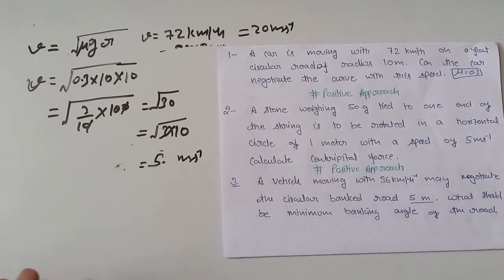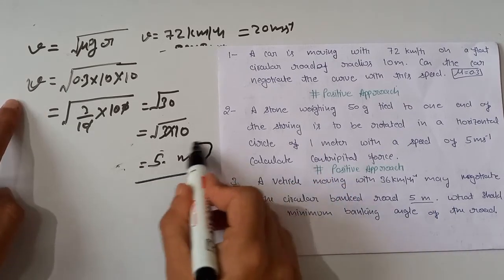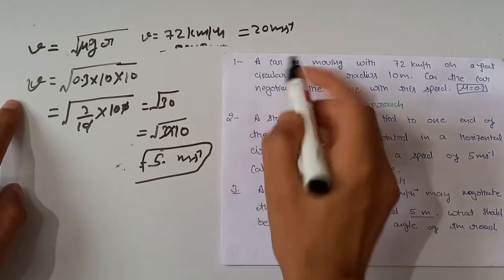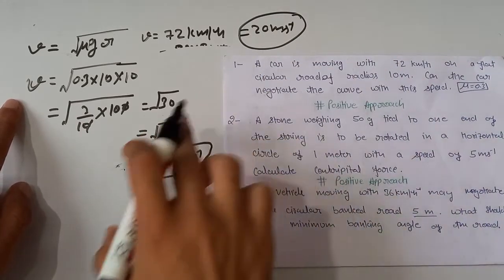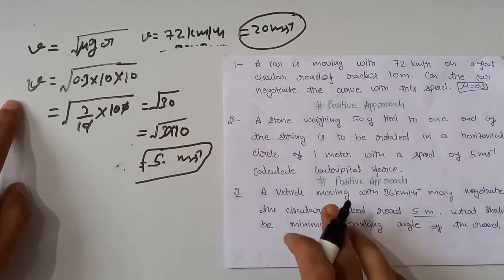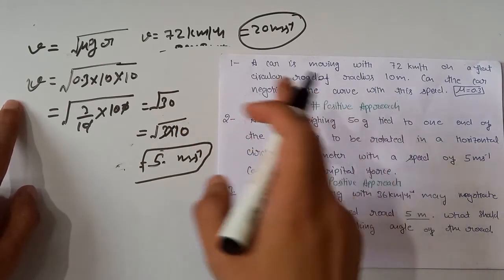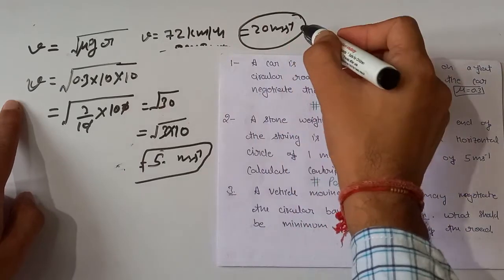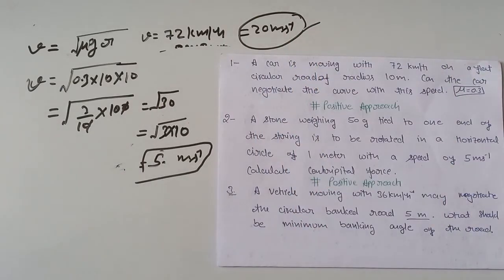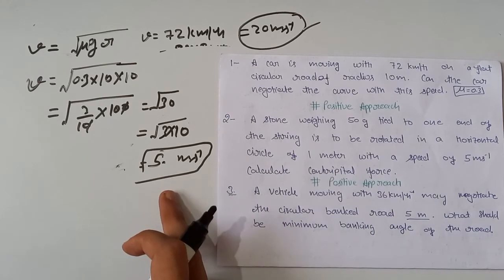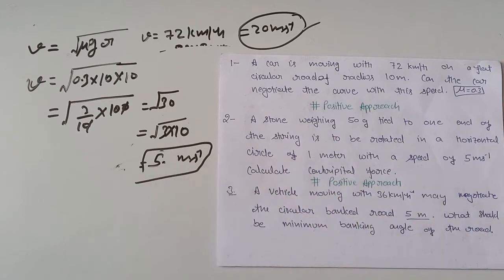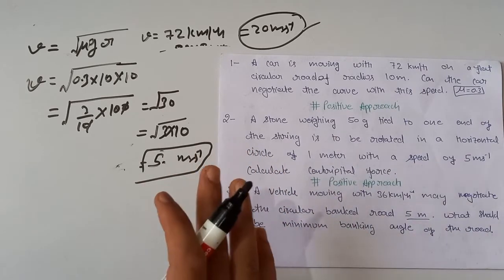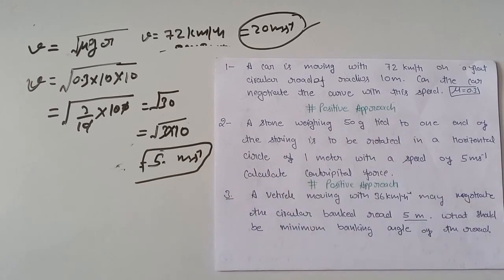Here you see that the maximum velocity is 5 meter per second, but the car is moving with a velocity of 20 meter per second. So it cannot negotiate the curve at this speed. If this car moves with the speed of 20 meter per second, it will definitely go outside of the road. For this value of mu, the maximum velocity is 5 point something meter per second. I hope this numerical is clear to you.